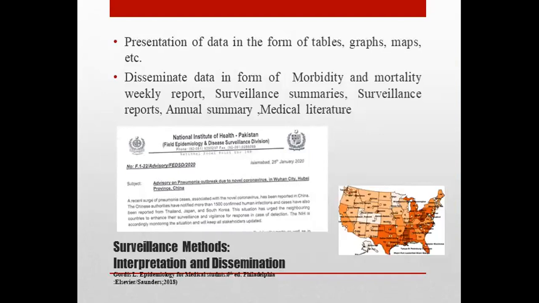And after the analysis, there comes the interpretation and dissemination of data. The presentation of surveillance data can be in the form of tables, graphs, maps, etc. They can disseminate data in the form of mortality and morbidity weekly reports, surveillance summaries, surveillance reports, annual summaries, or medical literature.